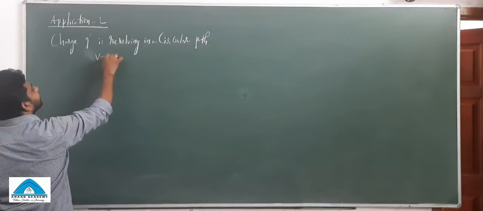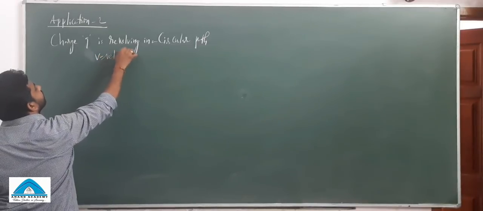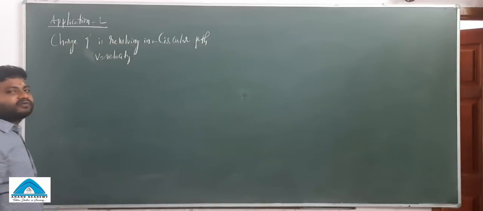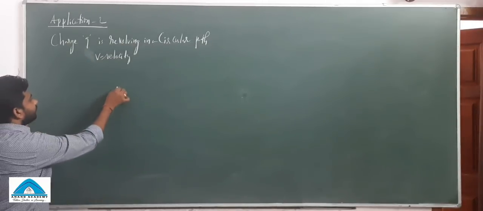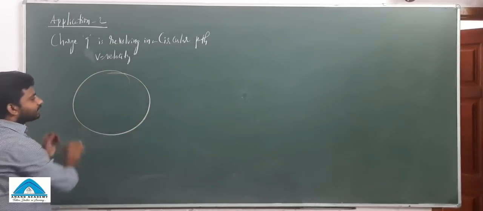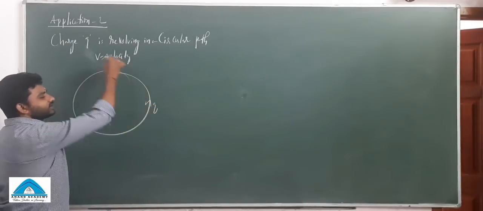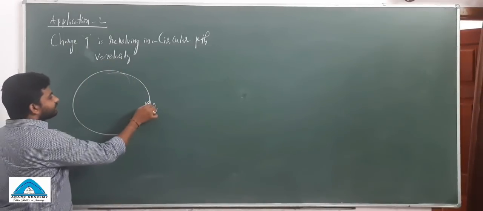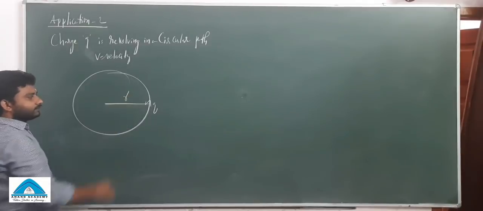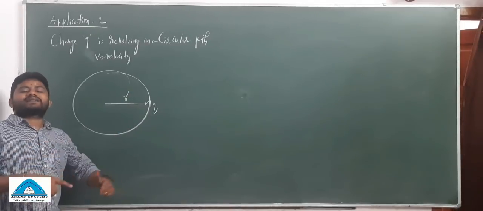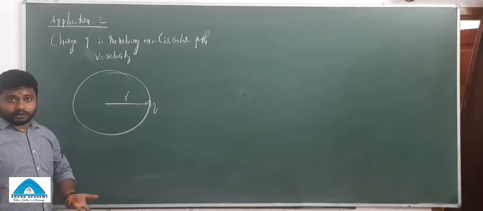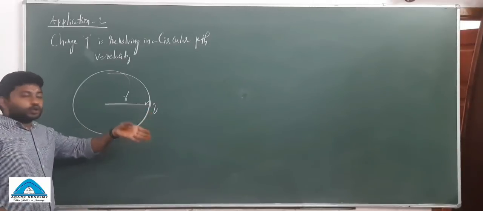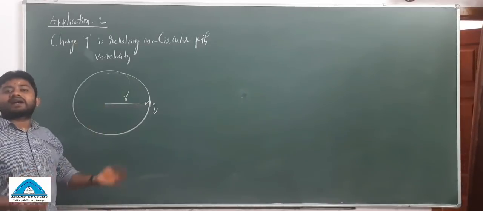With a velocity v, you can see here, a charge is revolving in a circle. You can see this is the circle through which a charge q is revolving, and you know the radius of the circle is r here. The flow of the charge is nothing but the electric current. So positive charge especially, the flow of the positive charge is the current.